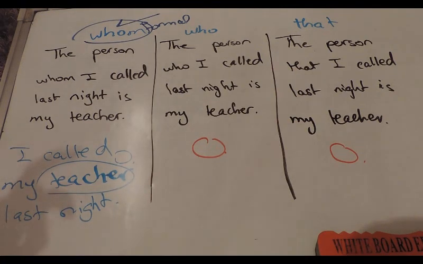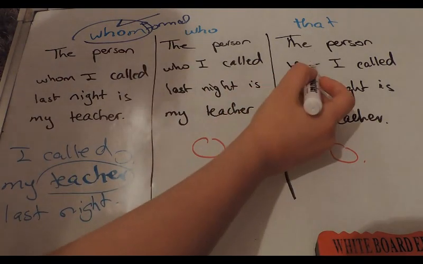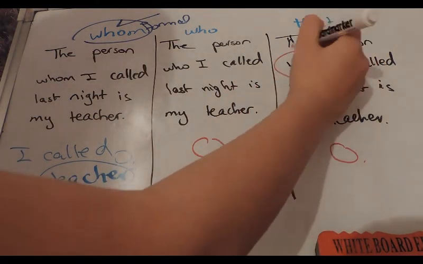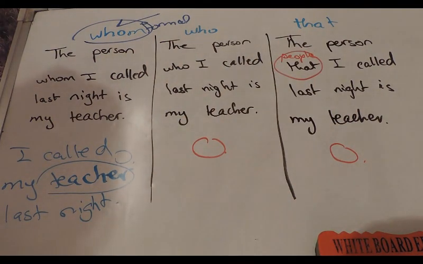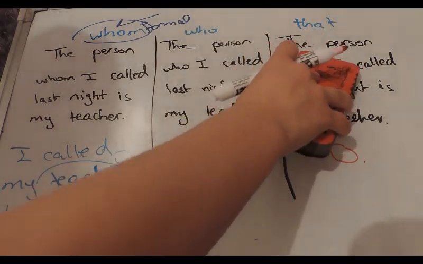I just replaced who and whom with that, just to show you that that refers to people. Okay, and it is also in this case objective here, and it is correct if I erased it.